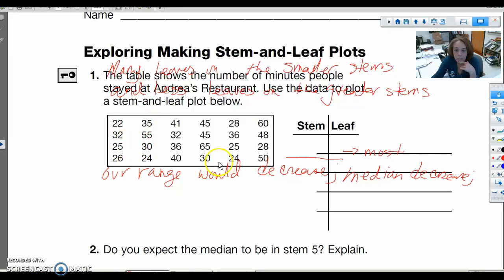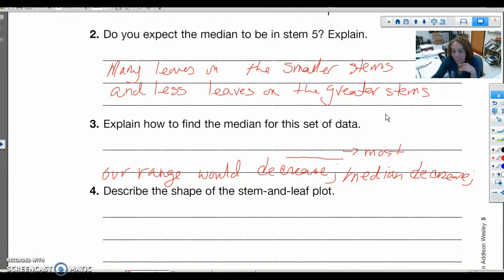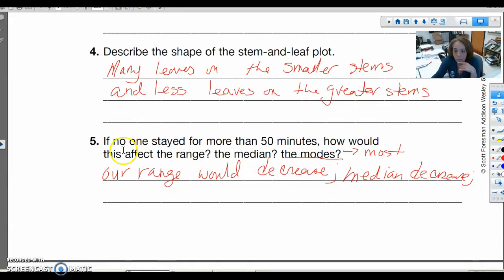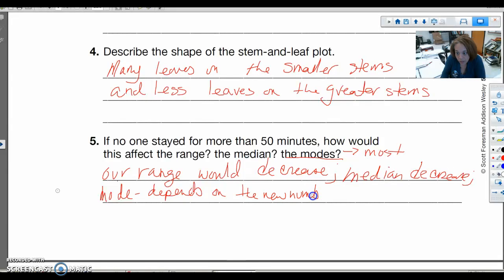Not seeing it here. So your mode is the one that happens the most. We cannot say that the mode would change. We can say that the mode may or may not change. It just depends. So mode depends on the new numbers. We don't know what the numbers are yet to see which ones happen the most.